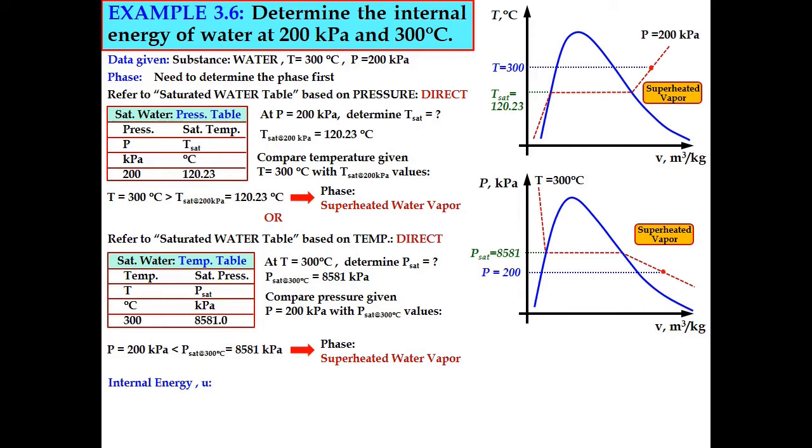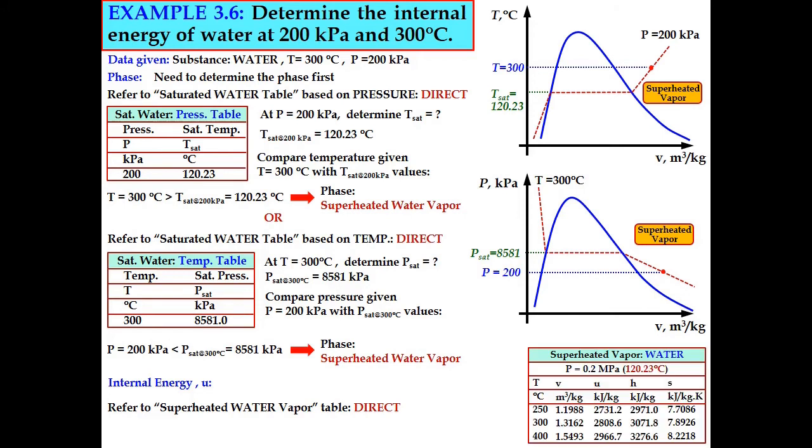Now, in order to determine the internal energy value, because we already know the state involved is superheated water vapor, we need to refer to the superheated water vapor table. Based on the values, we can obtain the value of U directly.